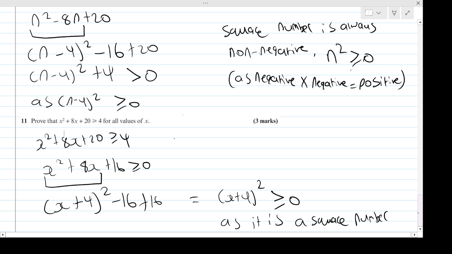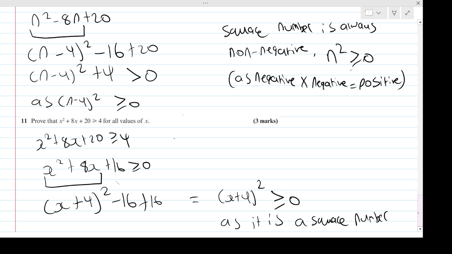If x squared plus 8x plus 20 is greater than or equal to 4, we can take the 4 away, and then we've shown that this quadratic is non-negative. I complete the square and get a square number at the end, which can't be negative because it's a square number. And there we are.